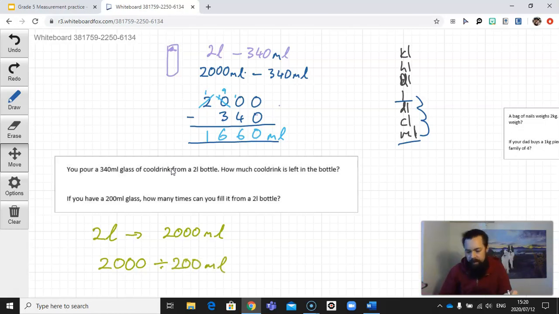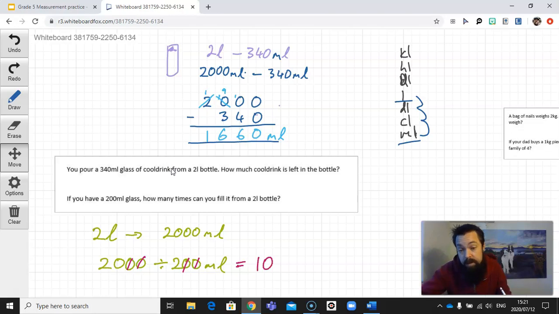Right, so we haven't done long division, but we did do tricks with division, and we can know that if we treat it like that, it's the same. So we can remove the same number of zeros from each, and our answer will still be the same. So I've got to ask, how many times does 2 go into 20? 2, 4, 6, 8, 10, 12, 14, 16, 18, 20. It goes in 10 times.